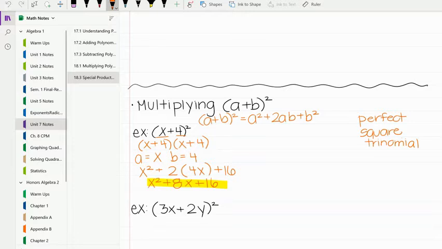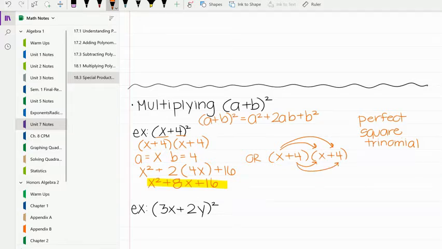Now, if that is making it too confusing and you don't really like it, that's okay. You only need to be able to identify that this is a perfect square trinomial, but you don't really need to know the pattern. You could just multiply these like we normally do. Think back to our last lesson. I'll use the distributive property, and I'll change the methods throughout this lesson so we get a feel for all of them.